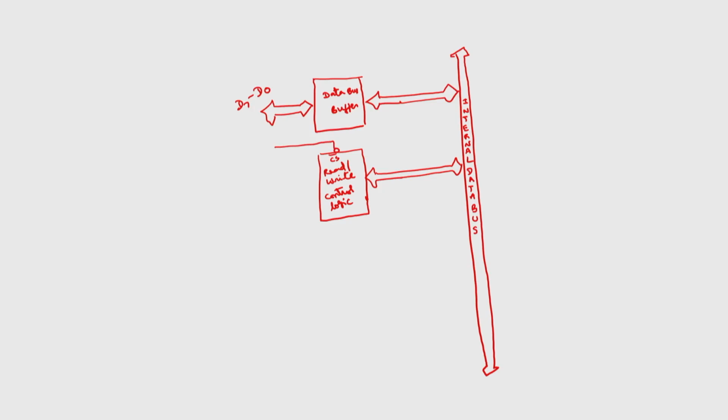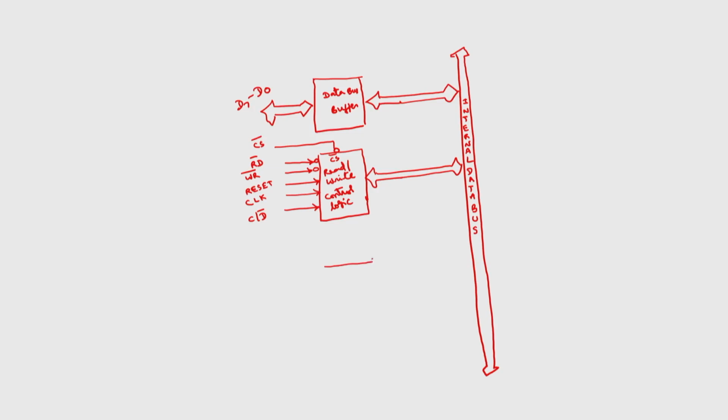Then we have read bar signal, active low, write bar signal, active low, and the various control signals: reset signal, clock, and C by D bar signal. I will explain what is meant by the C by D bar signal. So, totally we have 6 different signals for this particular block.